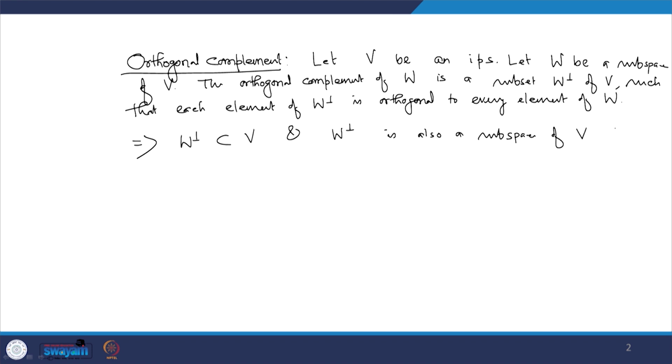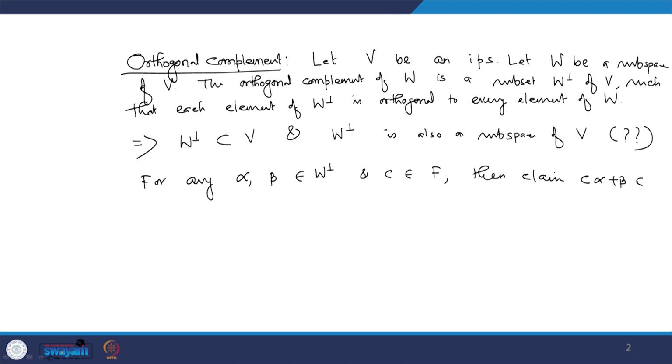So, for any alpha, beta belonging to W complement and c belonging to the field over which the vector space V is defined, then we claim c alpha plus beta also belongs to W complement.